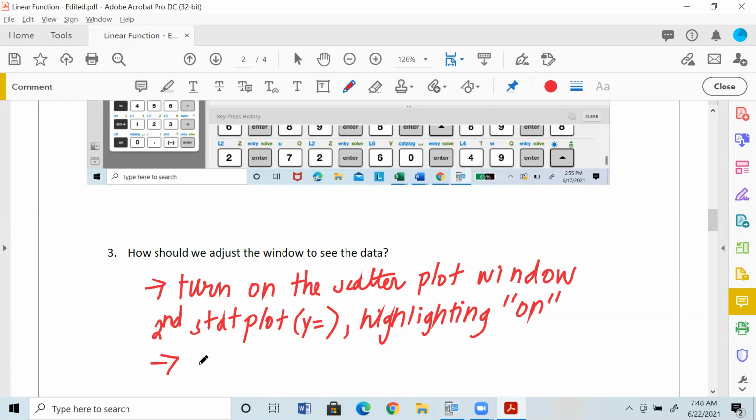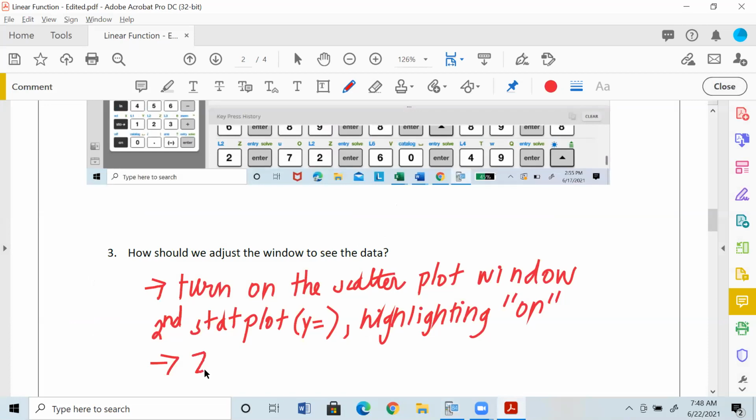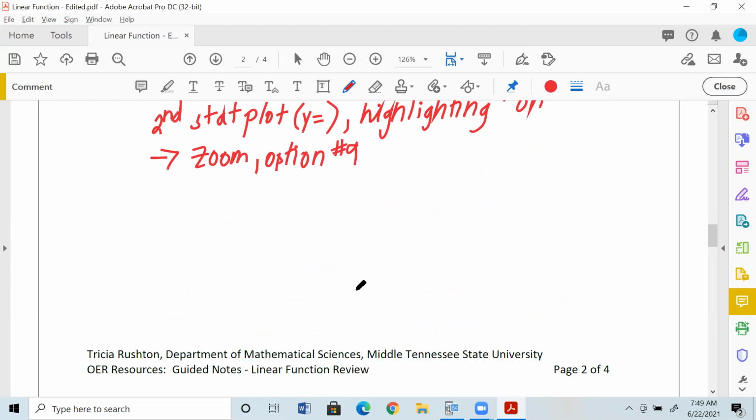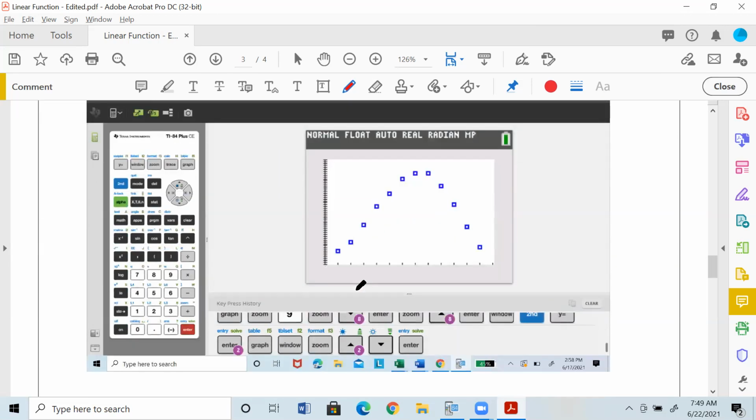And we will also adjust our window settings by pressing zoom and option 9. Let's continue. So we were able to see our data points plotted, and this makes sense. The temperature during the year here in North America goes up and then comes back down.